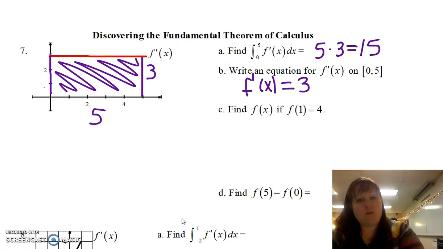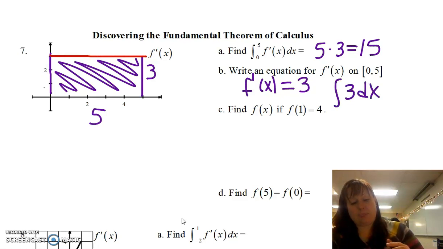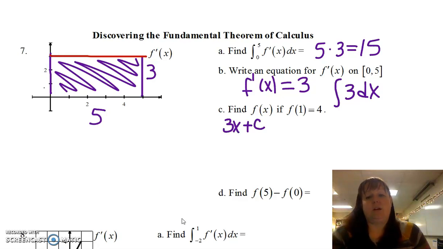And now we're going to find f of x if f of 1 equals 4. First, we need to find f of x. Our function equals 3, so we need the integral of 3 dx, and that would equal 3x plus c, because if we took the derivative of 3x plus c, we'd get 3.